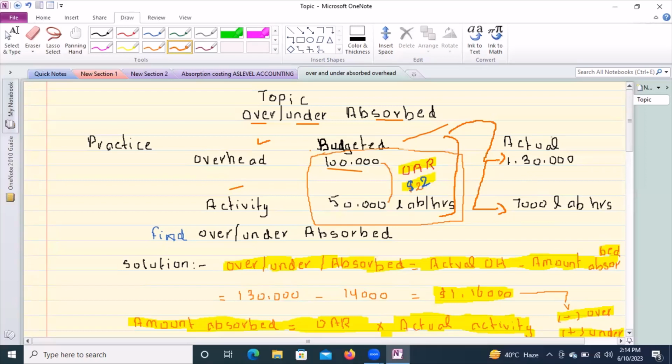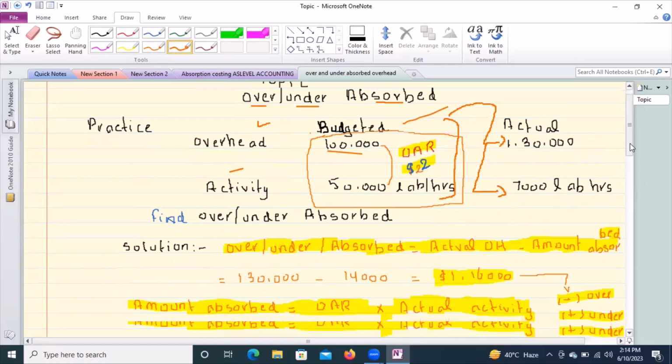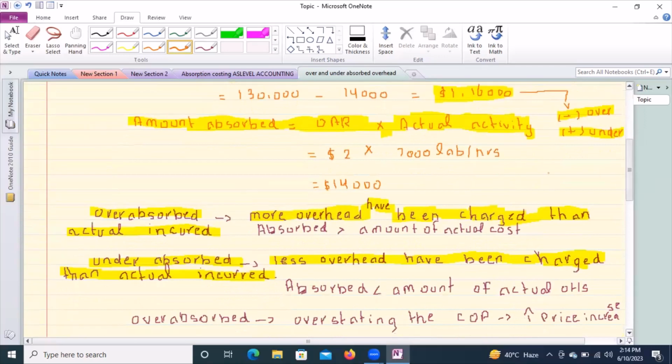So this happens whenever your budgeted activity levels or overheads have been charged, more overheads have been charged than actually incurred. So it is called over absorbed overheads.